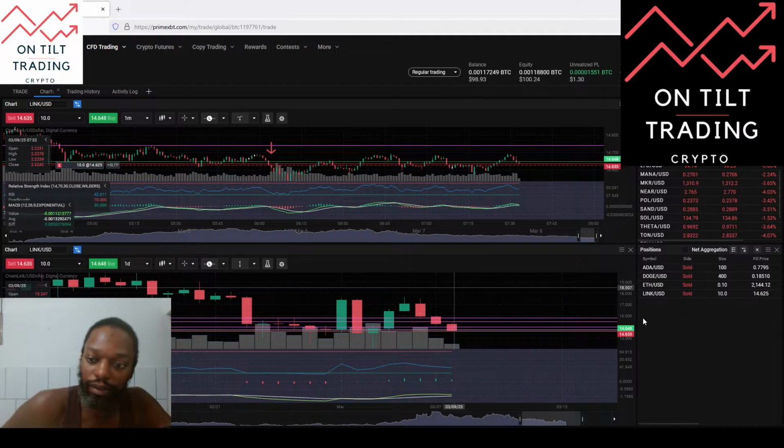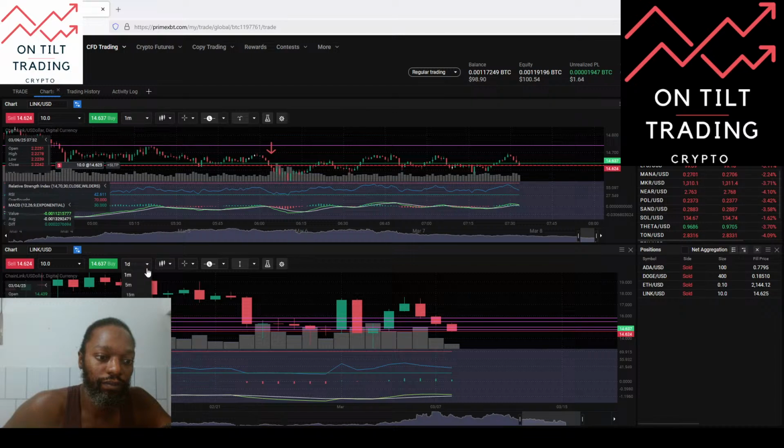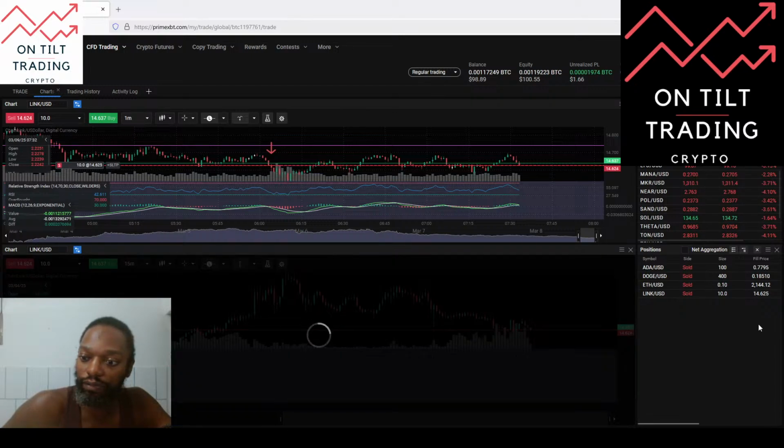So here on the daily, we're looking at the RSI here. So we're at a 39.722. So this is below 50. So I only want to short this today. Go back to the 15.